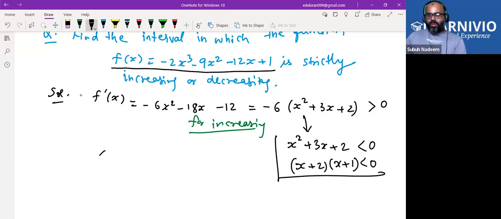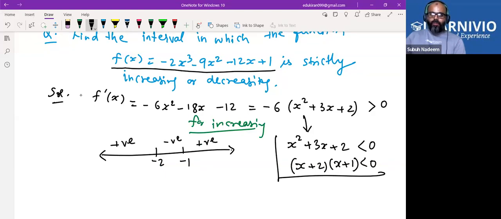On the number line, with minus 2 and minus 1, it is positive, then negative, then positive. For increasing we want the negative region, since removing the minus sign makes the condition less than 0.